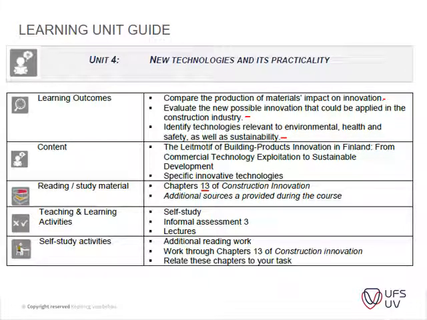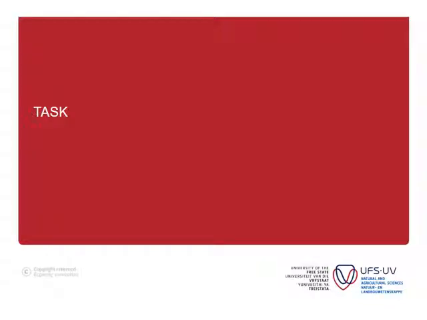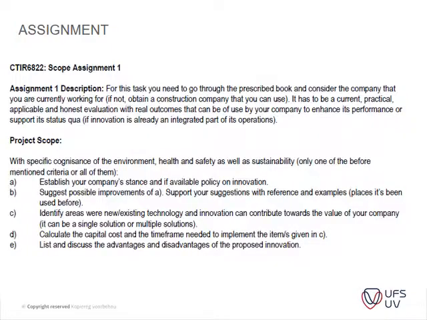So it's not really that much work, but you will see additional sources will be provided for this. What we're going to do in this unit, like the additional sources, we're actually going to cover throughout the whole semester. So when we get to Unit 4, it will actually not be that much work to cover. Okay, so let's get to our task. So this task you can actually start with already.